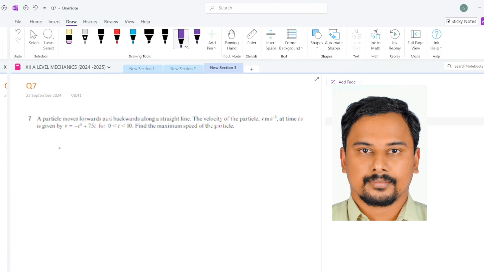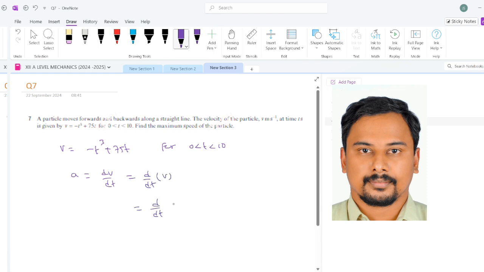So write the given equation. v is equal to minus t cube plus 75 into t. What are the conditions given? 0 less than t less than 10 seconds. So differentiate this to find the acceleration. dv by dt is d by dt of v, that is d by dt of minus t cube plus 75 into t.